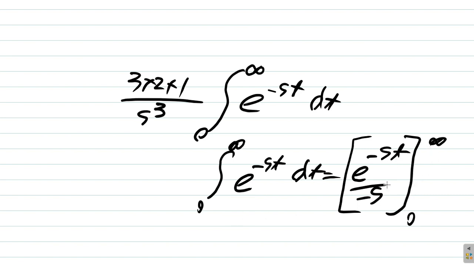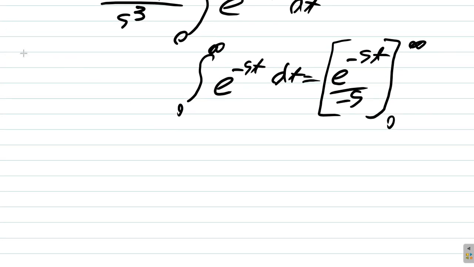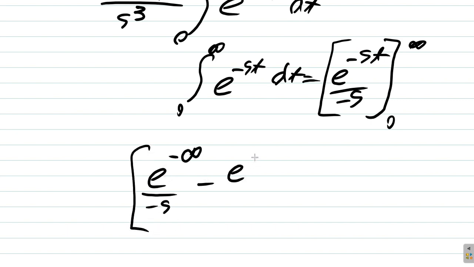Now here, from 0 to infinity, again, remember, this is the same as e to the negative s times infinity. This is negative infinity over negative s, minus e to the 0 times negative s times 0, which is 0, over negative s.